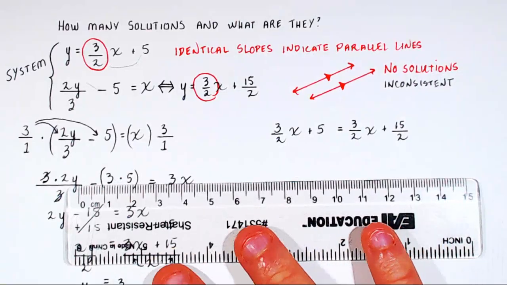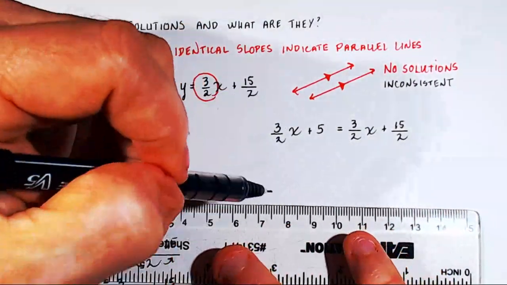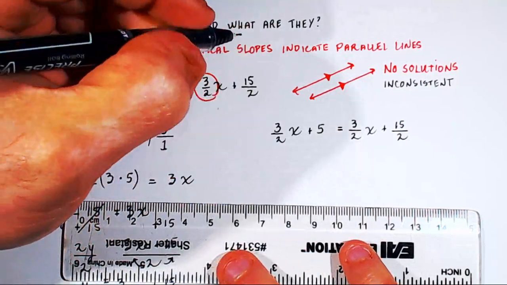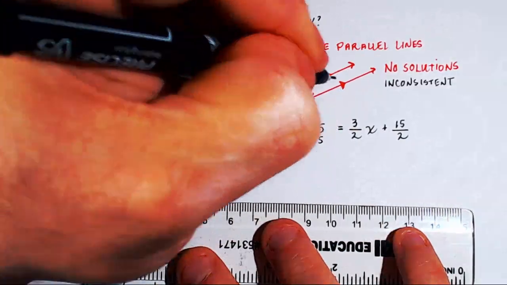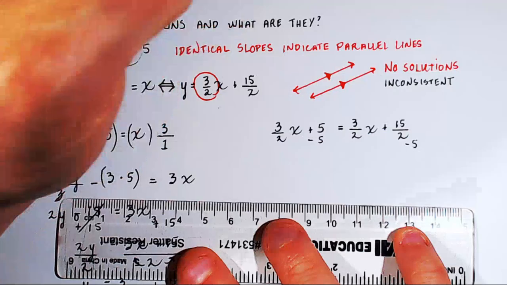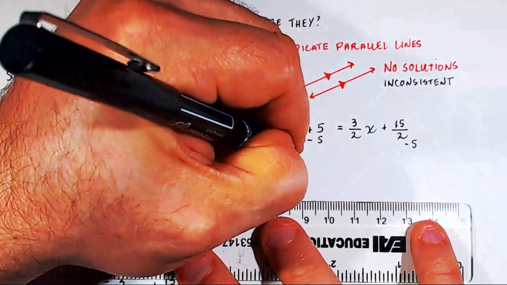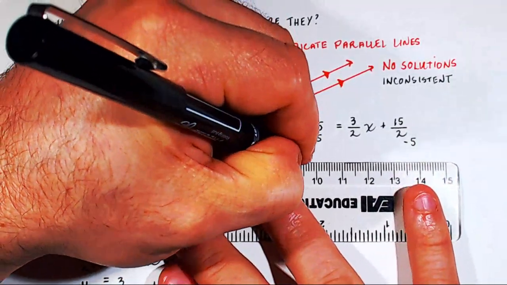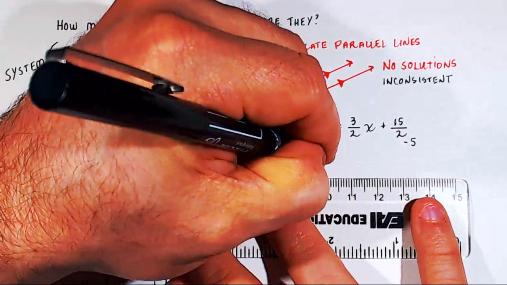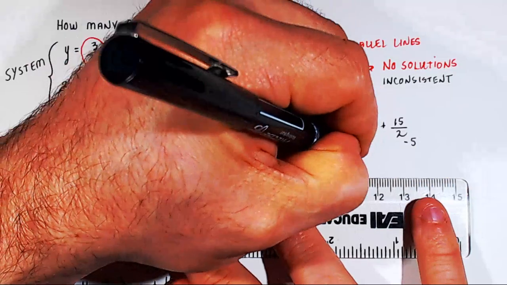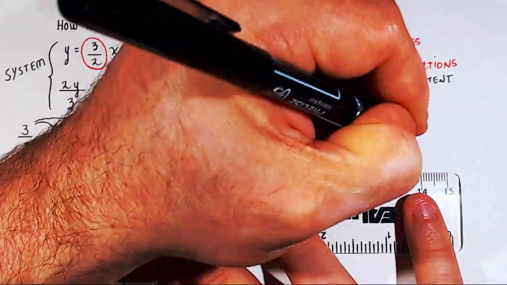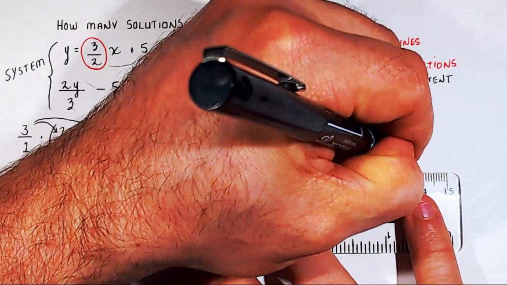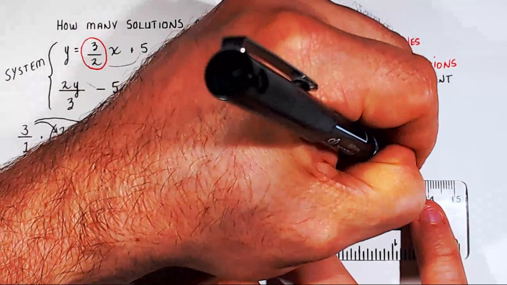So let's do that. All right, we're trying to get x by itself. So what we'll do is we will say minus 5. Okay, and then we have 3 over 2 x equals 3 over 2 x plus 15 over 2.